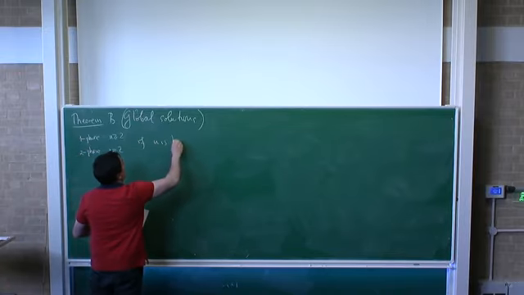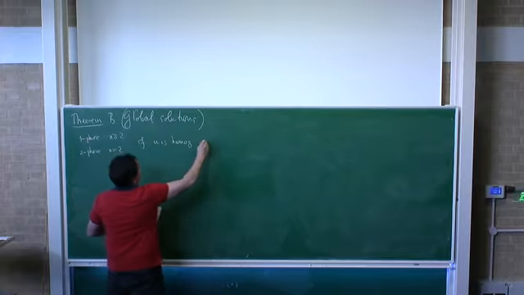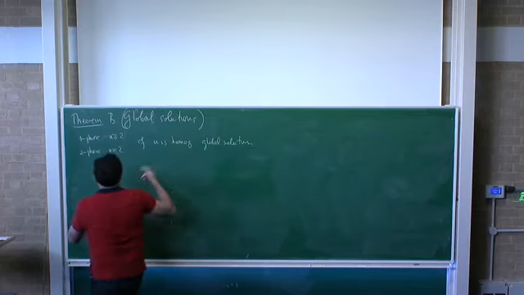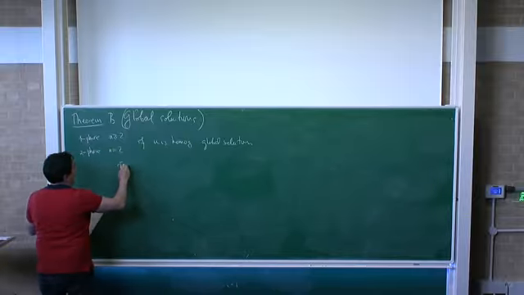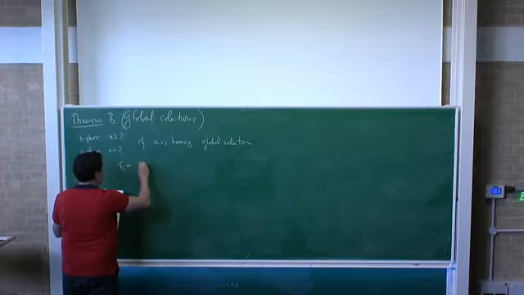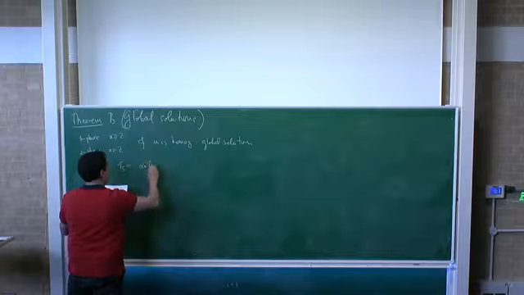And then if U is a homogeneous global solution, then I have these only two global solutions, which are going to be piecewise linear functions.